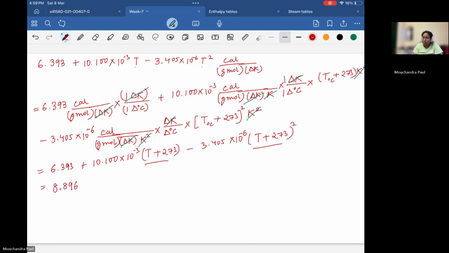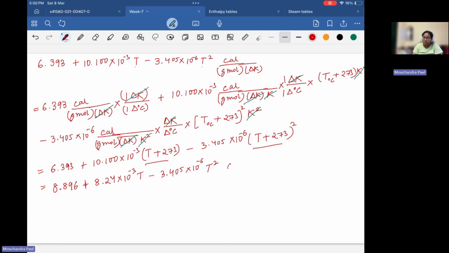8.896 plus 8.24 into 10 raised to power minus 3 T minus 3.405 into 10 raised to power minus 6 T squared.